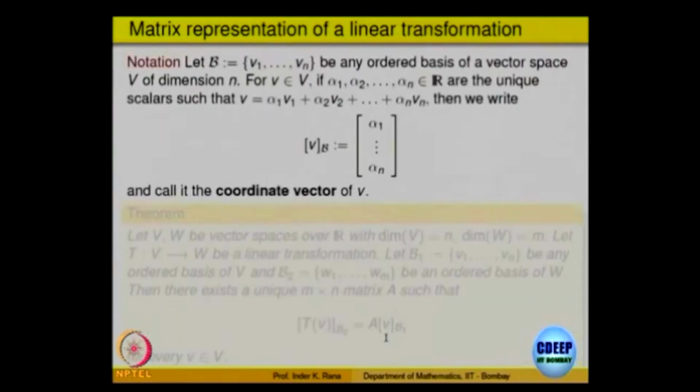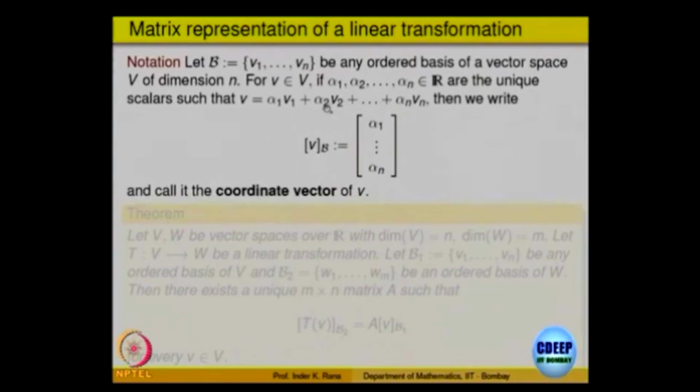We then looked at what is called the matrix of a linear transformation. We started with a basis v1, v2, ..., vn; if we fix the order, then this is called an ordered basis of the vector space V. For any vector v in V, because this is a basis, there must be unique scalars alpha 1, alpha 2, ..., alpha n such that v is a linear combination.